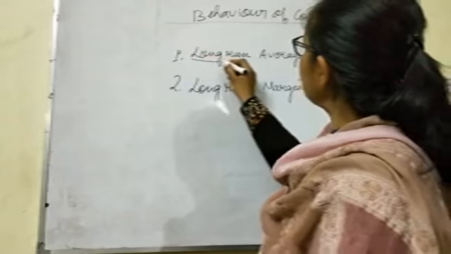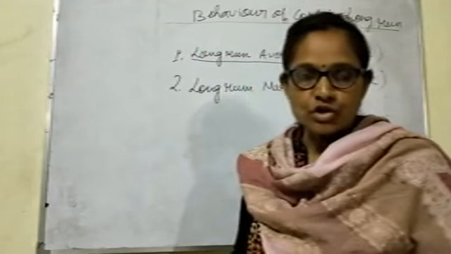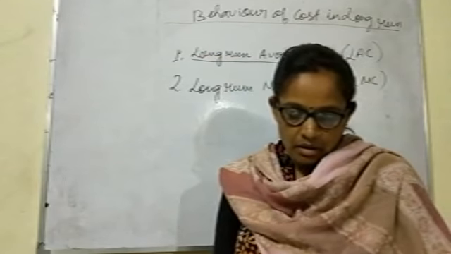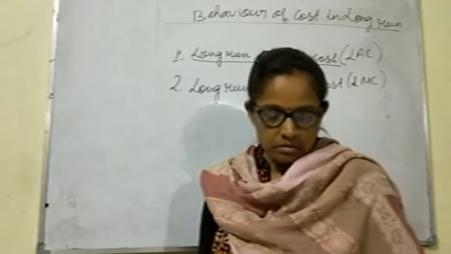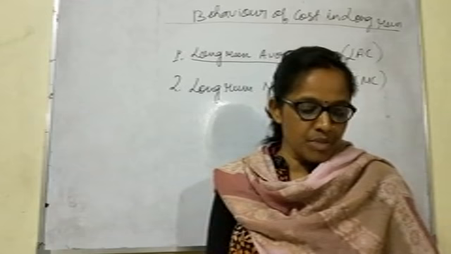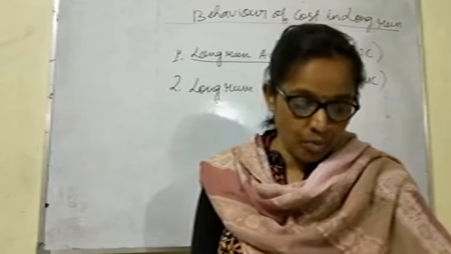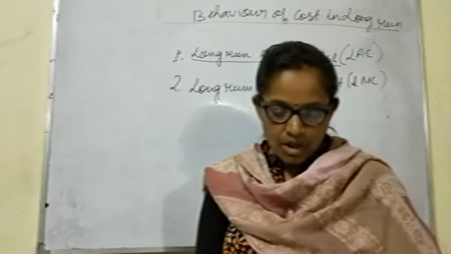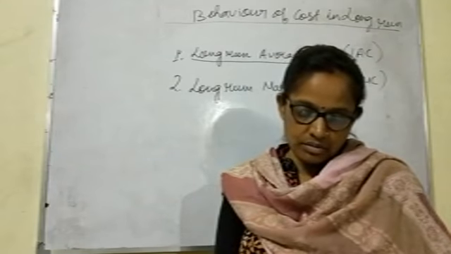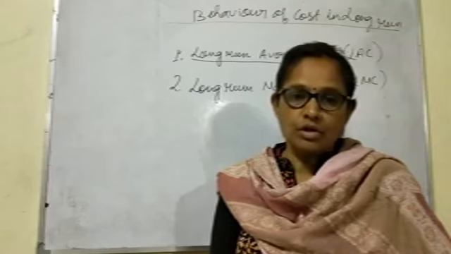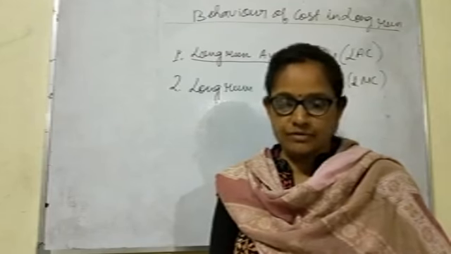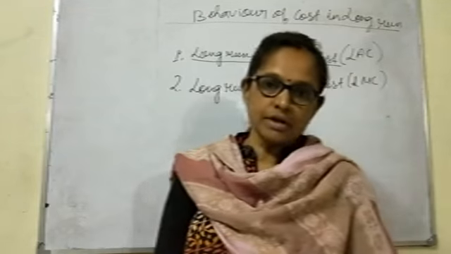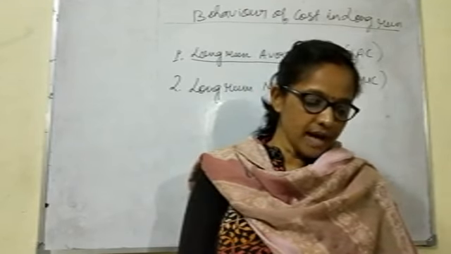So write down the meaning of long run average cost curve. Minimum possible per unit cost of production is called long run average cost curve.